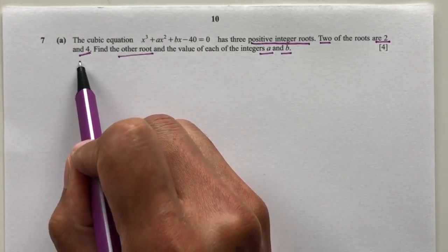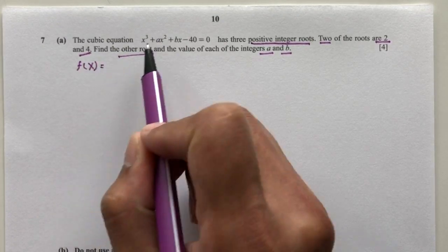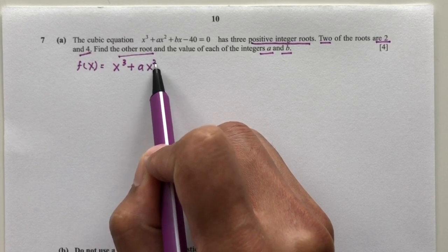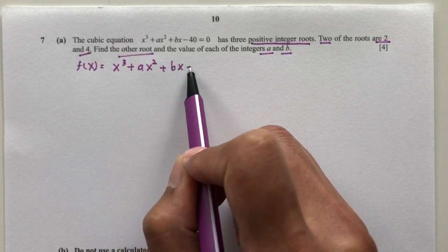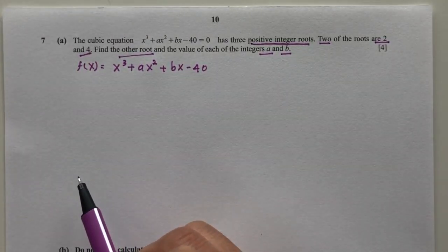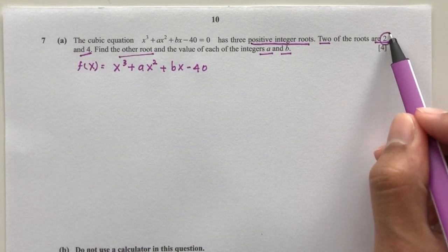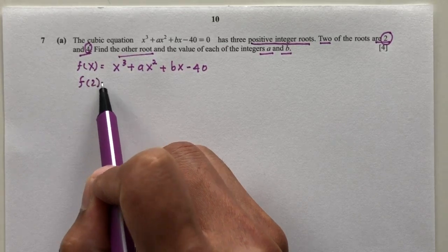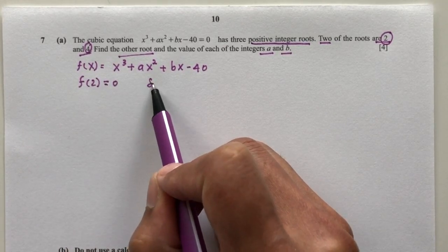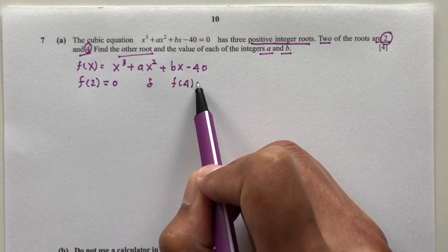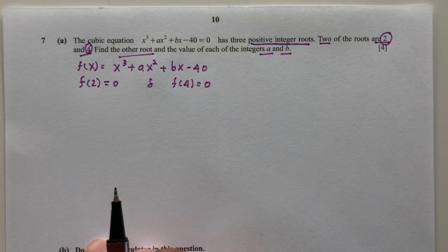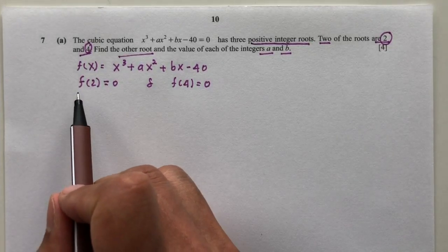So first let f of x equal to this equation, which is x cubed plus ax squared plus bx minus 40. Now, when you have two roots, 2 and 4, it means that f of 2 is equal to 0 and f of 4 is equal to 0. So let's use these two pieces of information to find the values of a and b. One by one.